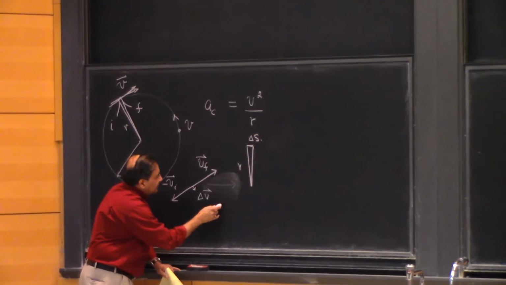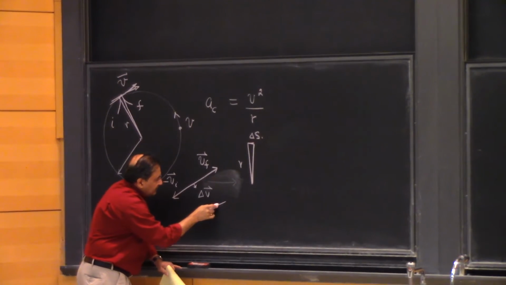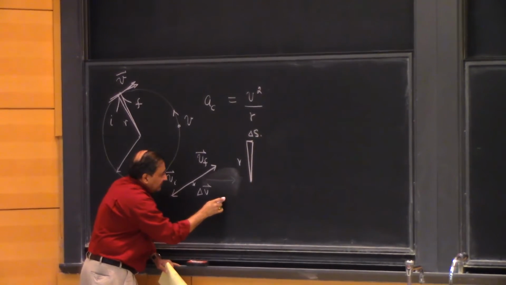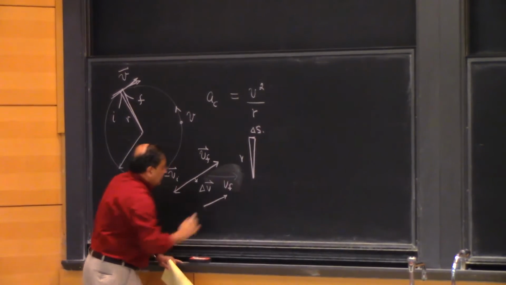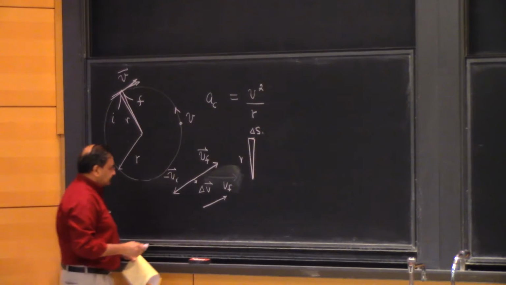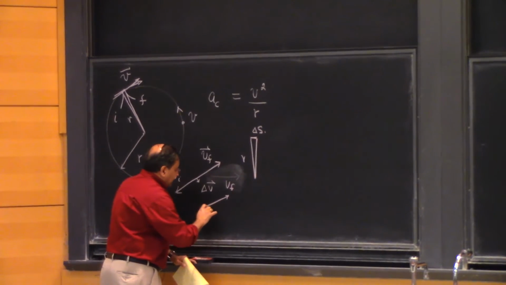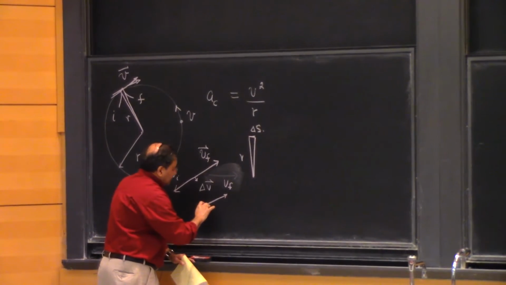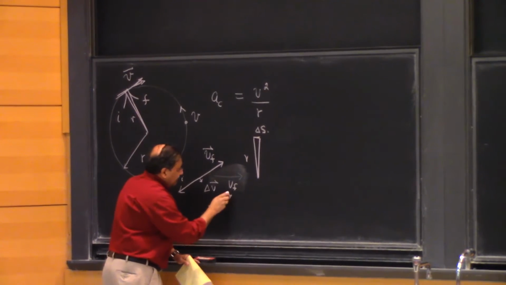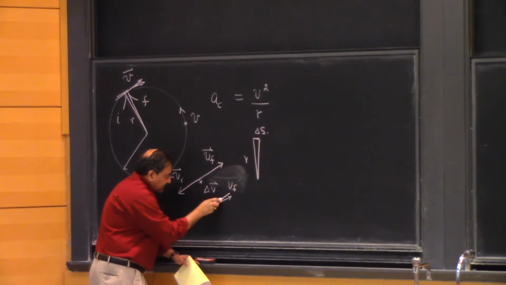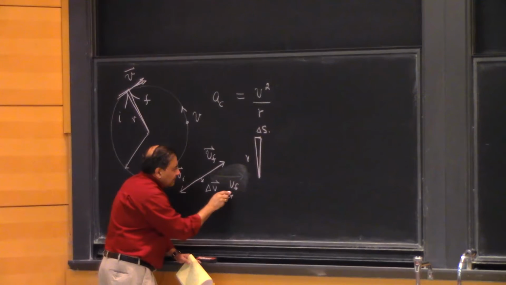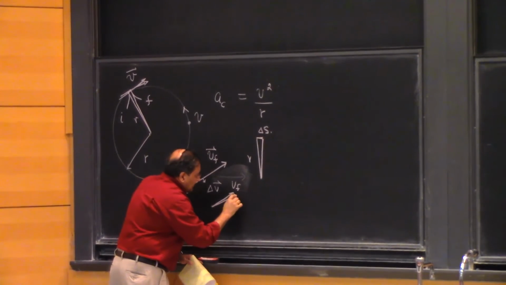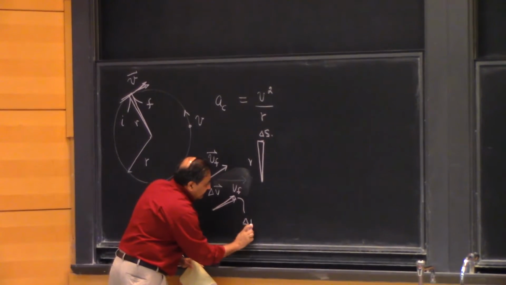The more realistic drawing would be V final here, and then V initial. This is minus V initial. V initial would be this way, so plus V initial, and this would be my delta V.